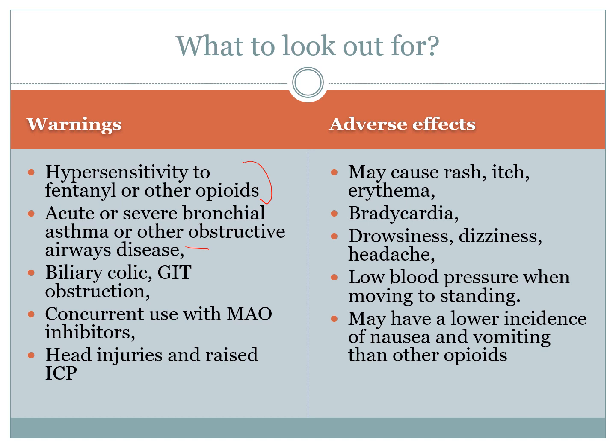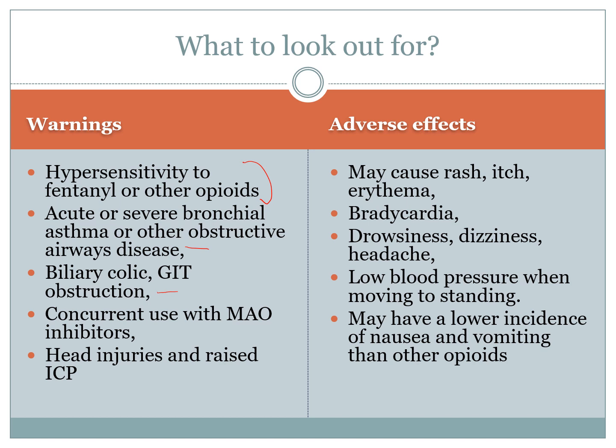Now, there's a strong link with mu receptors and also with the gastrointestinal system. So if anyone has biliary colic or GIT obstruction, you also do not give fentanyl to, because the mu receptors are also responsible for slowing down gastric motility. If you slow down gastric motility on a GI obstruction, then it's going to result in needing surgery.